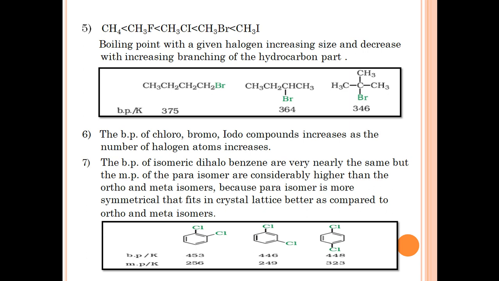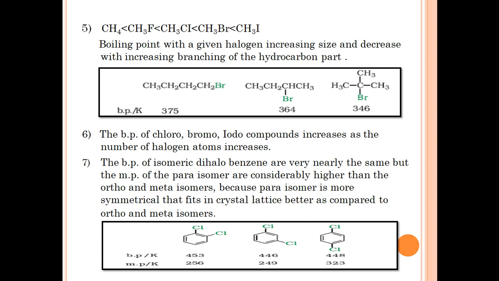Here we see the different derivatives of chlorobenzene, dichlorobenzene. 1,2-dichlorobenzene has the boiling point 453 and melting point is 256. 1,3-dichlorobenzene, it has boiling point 446 Kelvin and its melting point is 249 Kelvin.